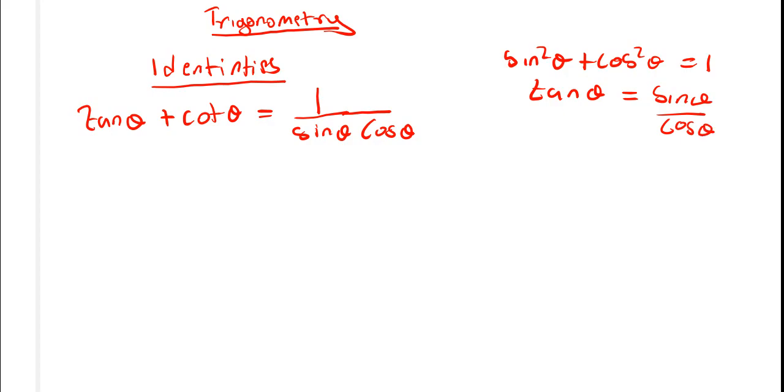You should also be conversant with cot theta being equal to cos theta over sine theta, because we know that cot is basically the inverse of tan theta. Yeah, so these are more like the trig identities that we are going to use in order for us to prove this identity properly. In short, you are supposed to have these in your head.